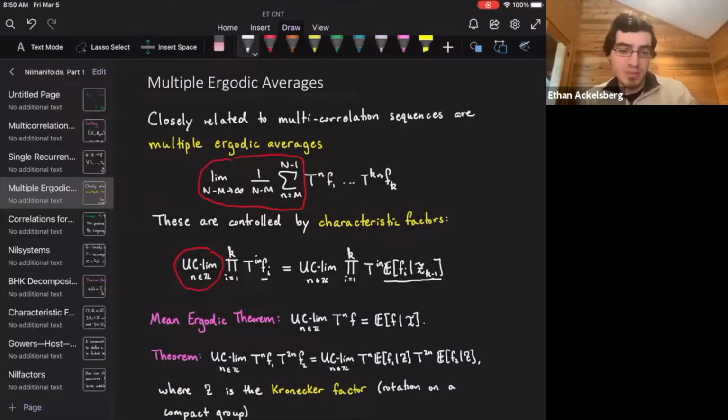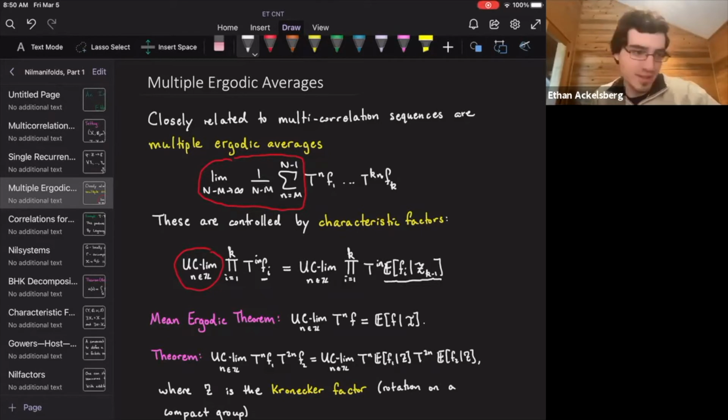Okay, and the simplest example of understanding some projection is the mean ergodic theorem. If we take the uniform Cesàro limit of T to the n applied to our function f, this is going to produce an invariant function, a T-invariant function, and it's just the projection onto the invariant sigma algebra.